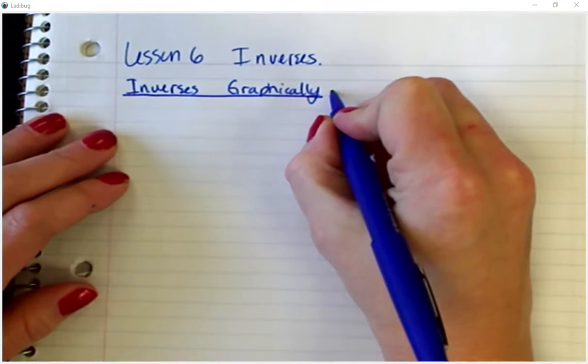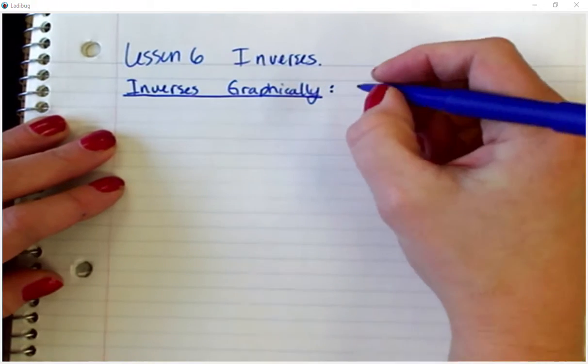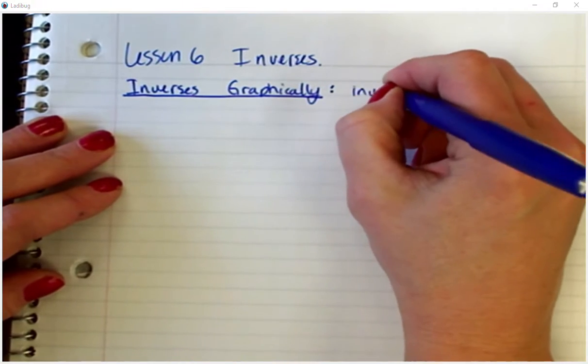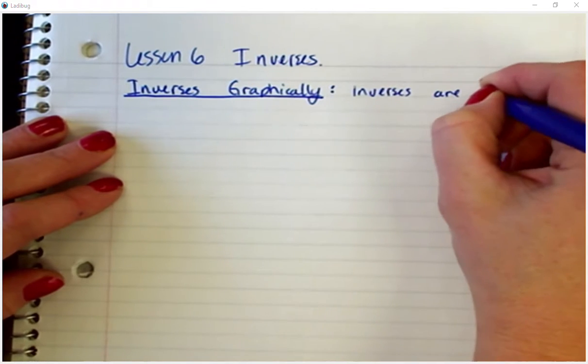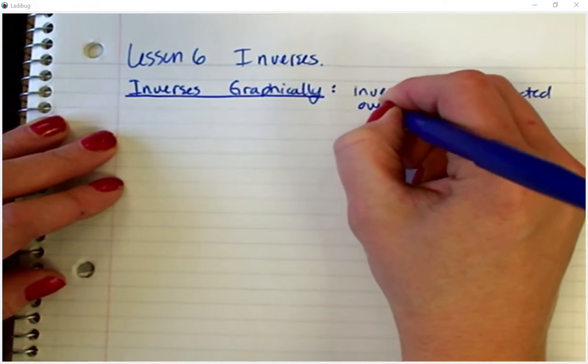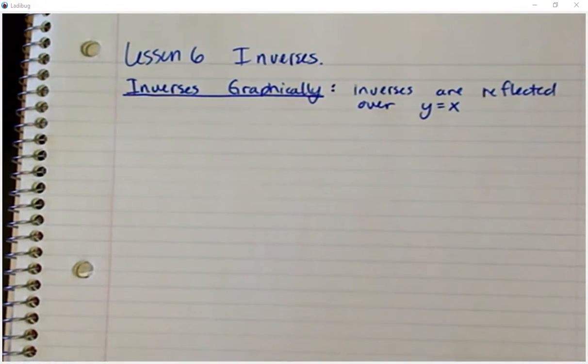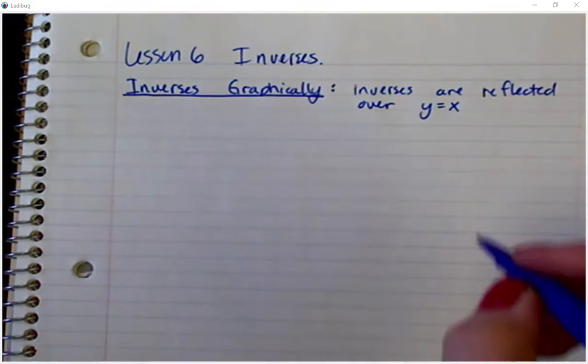Yes. Okay, so inverses are reflected over y equals x. It's a diagonal line.